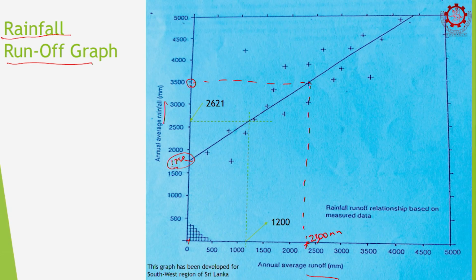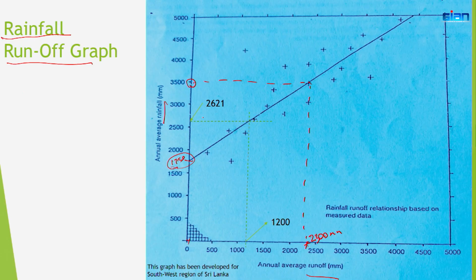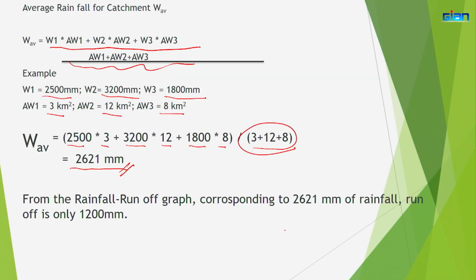And this previous calculation showed us our catchment has the average rainfall of 2621. So, I have marked it here, 2621, and corresponding runoff is 1200 millimeters, right. Therefore, now I can calculate how much water comes into my catchment, right.